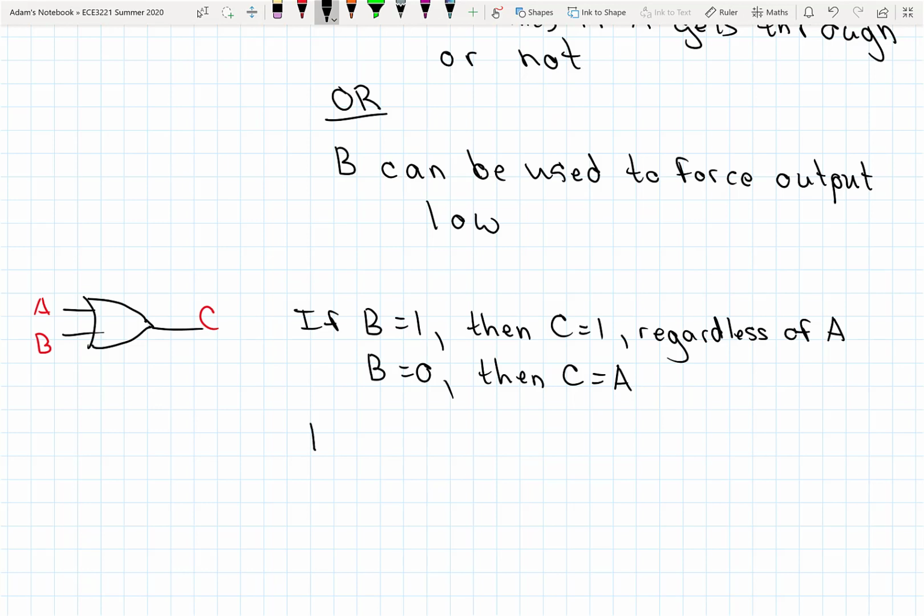Okay, so we might use an OR gate or an OR operation to force an output high.